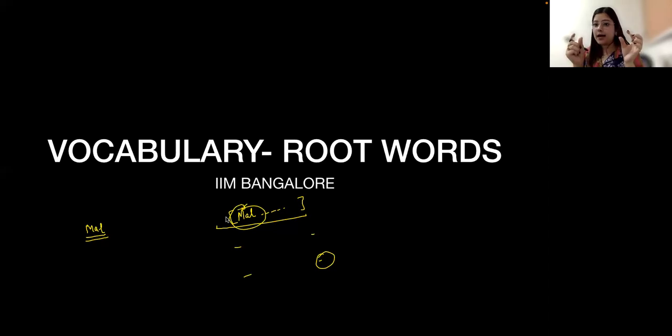If mal is in that word, it is pretty obvious that कुछ अच्छा तो meaning नहीं होने वाला है इसका, कुछ खराब ही होगा, something pertaining to evil, something pertaining to bad forces, right? So root words के तरीके से अगर हम vocabulary को याद करें, it is an easier process rather than rote learning.